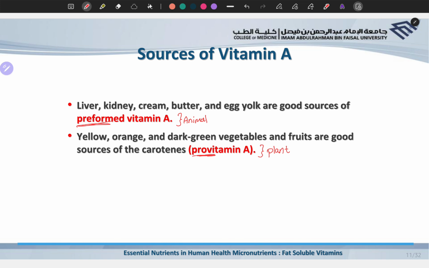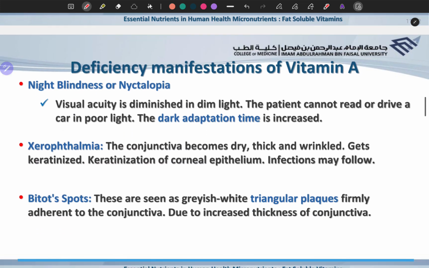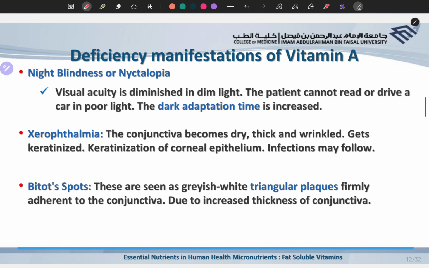Now coming to the deficiency manifestations. First and foremost, you know what we mean by night blindness? When you go to bed and switch off the lights of the bedroom, immediately after switching off the lights, you are not able to see anything.